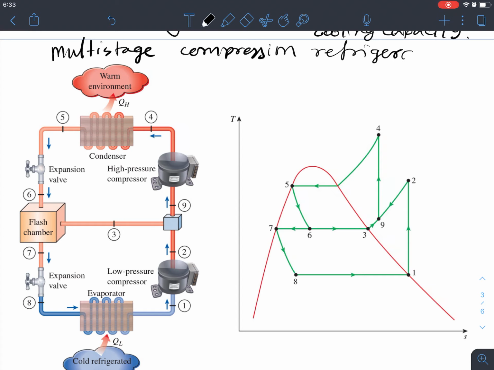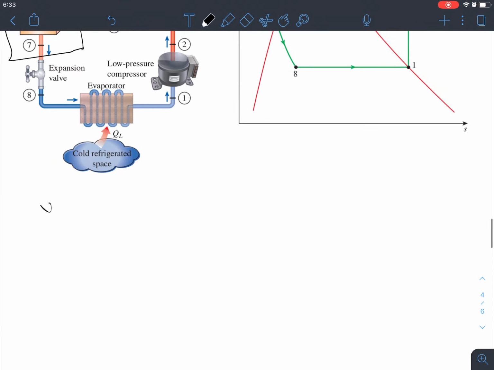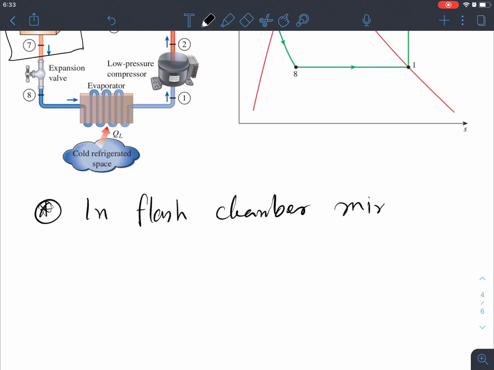In this multi-stage compression refrigeration system we can see that it's similar to the cascade type. However, instead of a heat exchanger we are using a flash chamber, meaning that basically mixing is happening, right? In the flash chamber, mixing happens.